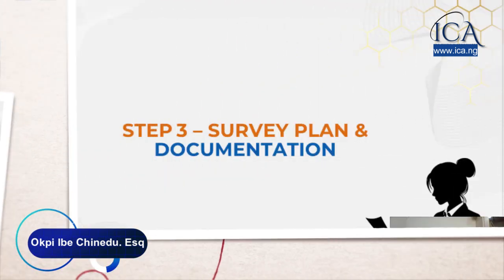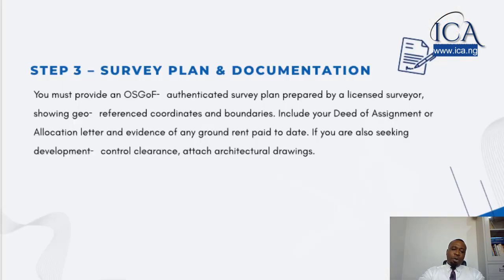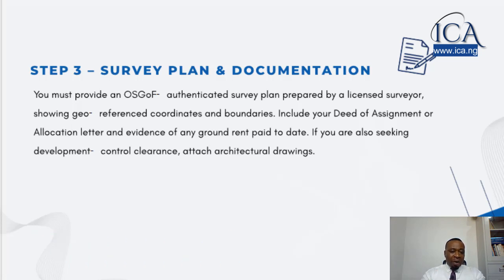Then the 3rd step in the process of you obtaining your certificate of occupancy from AGIS is the survey plan and documentation. You must provide an OSGF authenticated survey plan prepared by a licensed surveyor, showing your reference coordinates and boundaries. Very important.